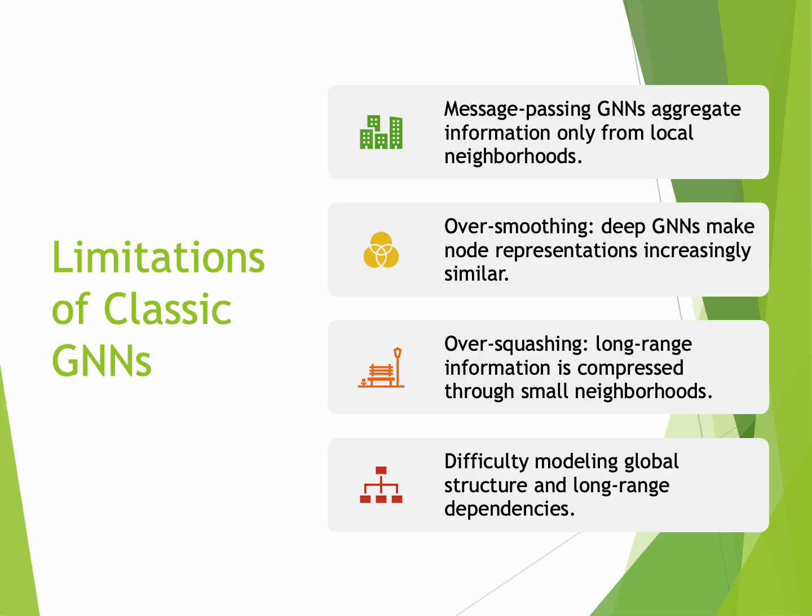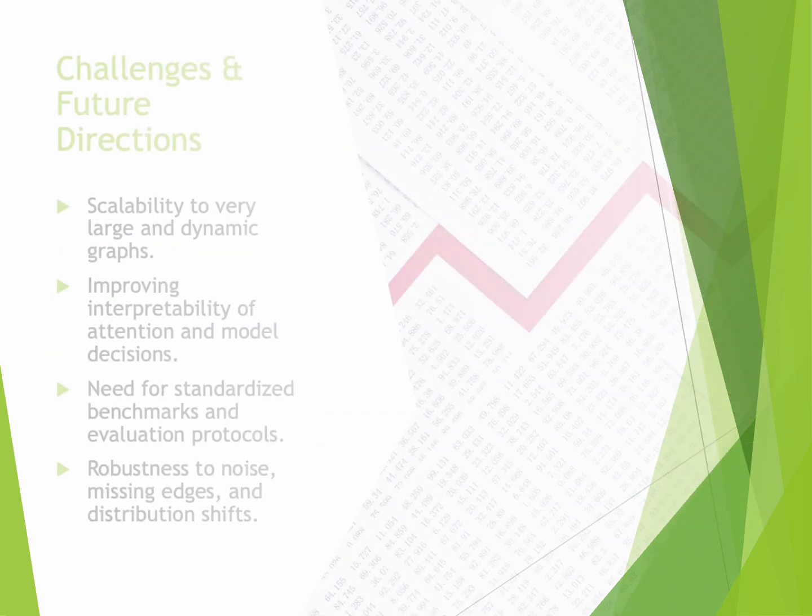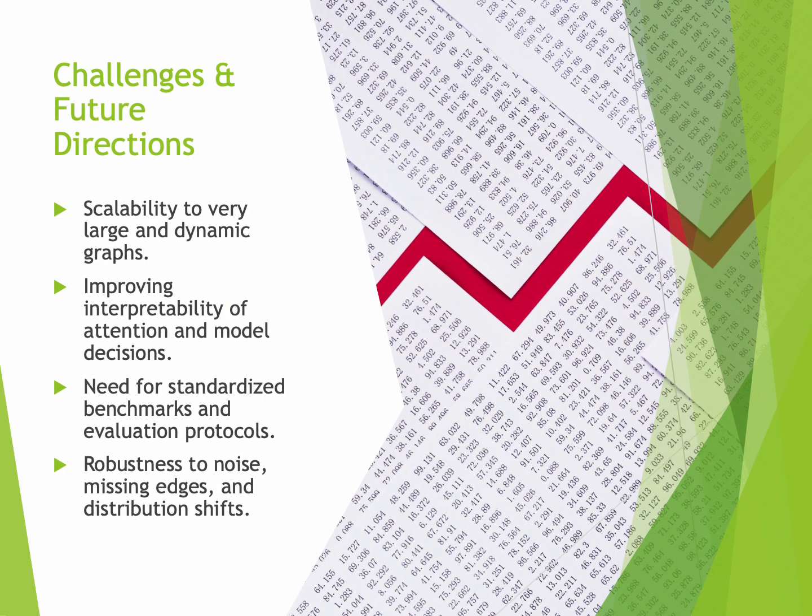Okay, now we know the limitations, and the next thing is, what are the challenges and where is the future direction? Despite the promise, graph transformers still face several challenges. First is scalability. Making attention work efficiently on very large and dynamic graphs is an open problem.